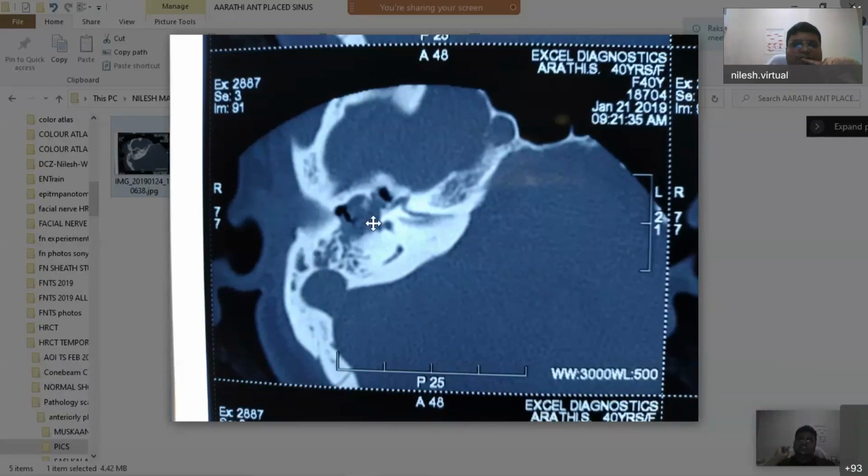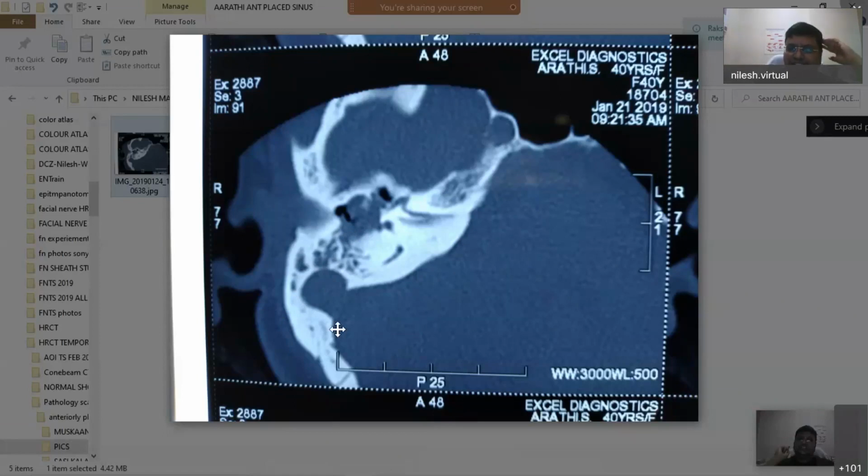Once you start drilling from this part, you will remove this cortex slowly, and you will come to the sigmoid sinus, which will hamper your further extension going down. Then you have to shift your drilling a little anteriorly and drill through this passage to reach the antrum. You cannot go from this path because this is the anteriorly placed sinus.